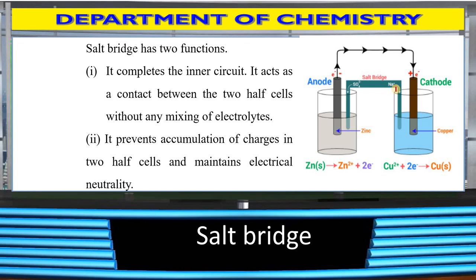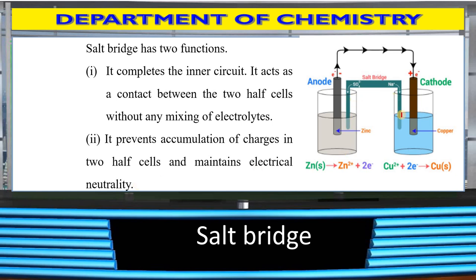Means this is our salt bridge, and due to the jelly nature of the solution in that salt bridge, the jelly of electrolytic solution and agar-agar does not flow from that salt bridge into the electrolytic solution, but ions, that is zinc sulfate ion and copper sulfate ion, can move through that salt bridge. Therefore, it prevents accumulation of charges in the two half cells and maintains the electrical neutrality.